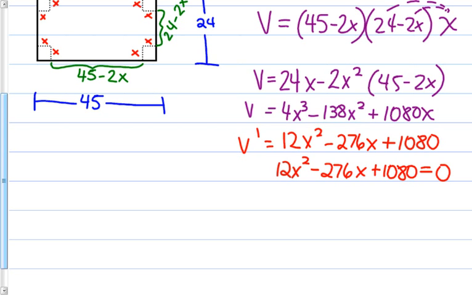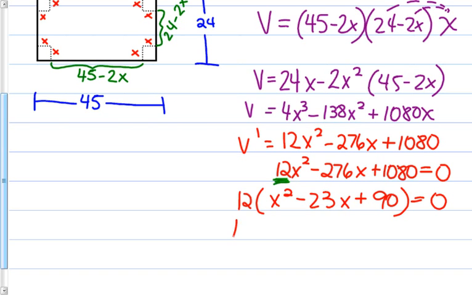Now these numbers look scary, but chances are they have some kind of common factor. And hopefully, using your common sense, you would try out 12. So pull out the 12. 276 divided by 12 is 23, and then 1080 divided by 12 is 90.